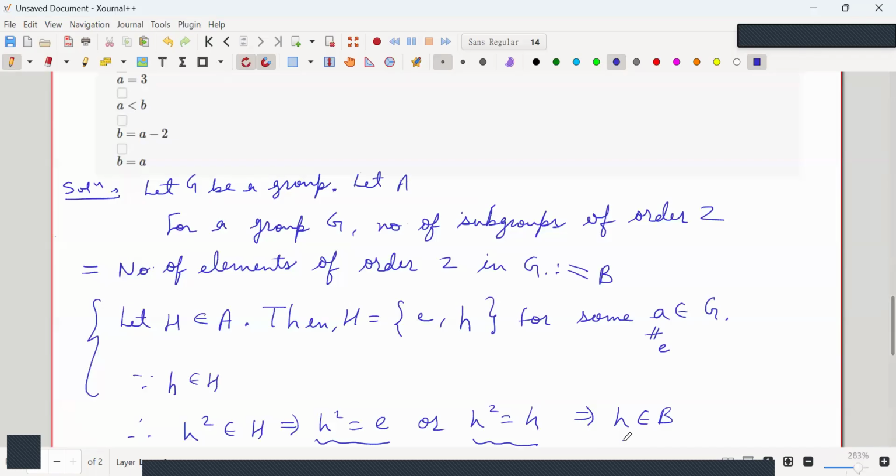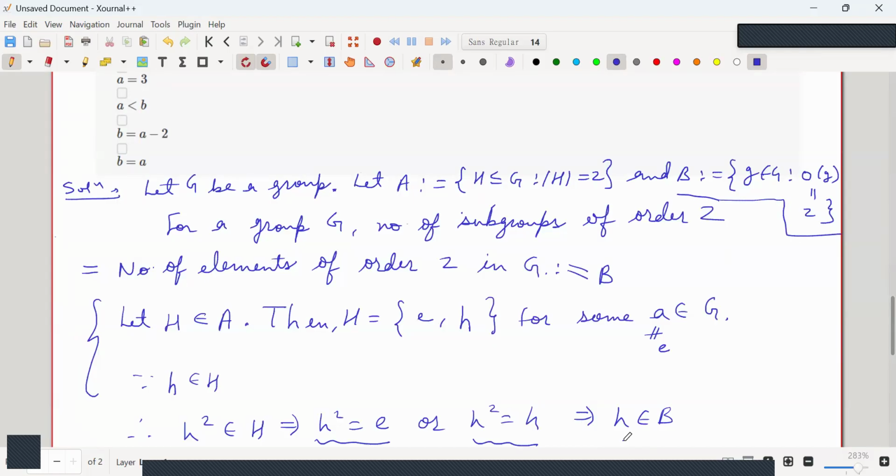Let A be all subgroups of G such that order of H is 2, and B be all elements in G such that order of g is equal to 2. Okay.